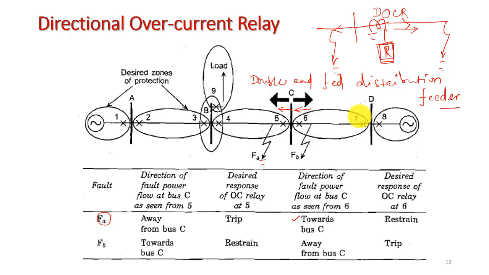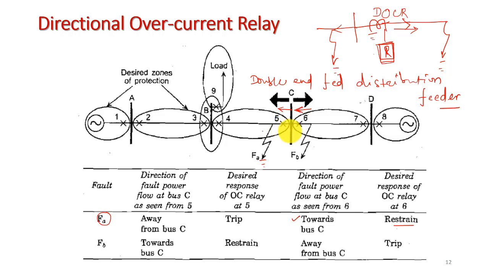So here the desired response for the overcurrent relay at 6 will be to restrain, because it should not trip. But if it is a plain overcurrent relay, it will trip even if the power is flowing towards bus C. The thumb rule says that if the power flow during the fault is away from the bus, then it should trip.